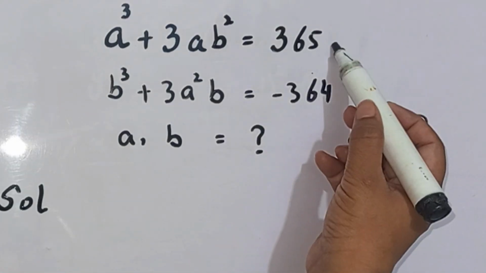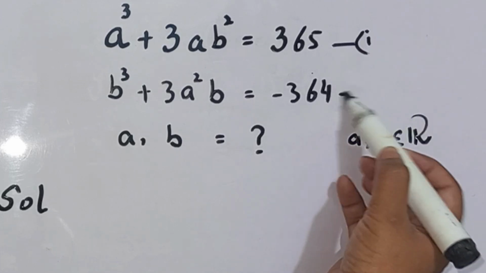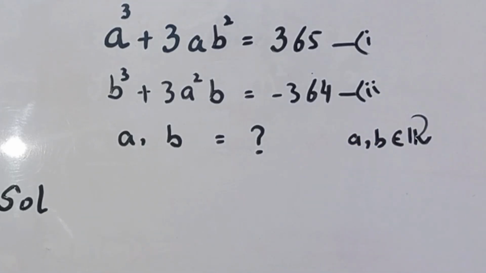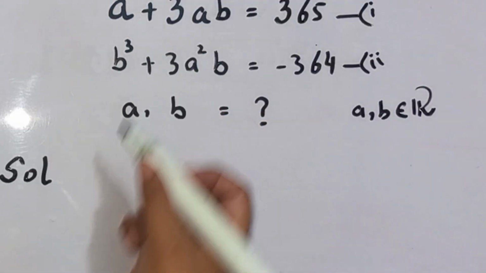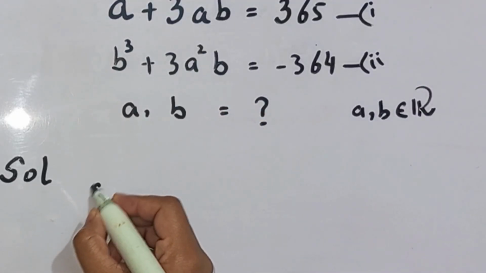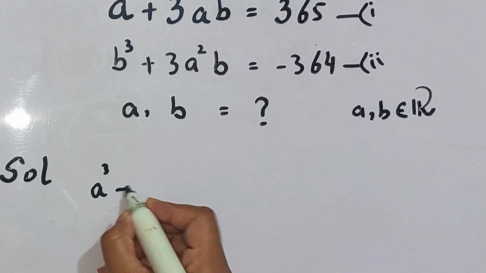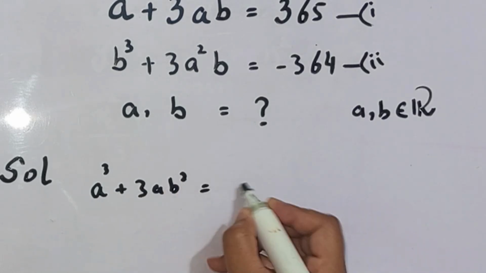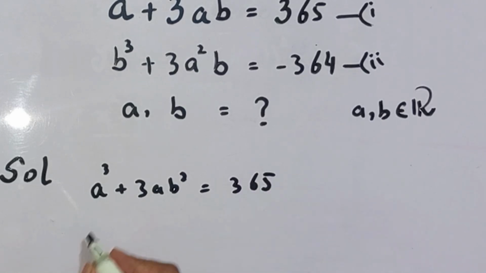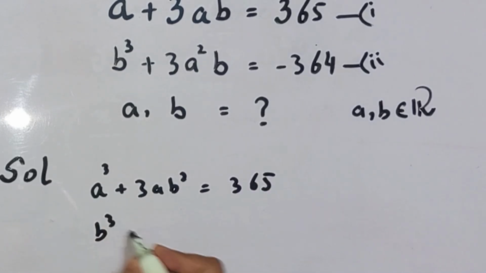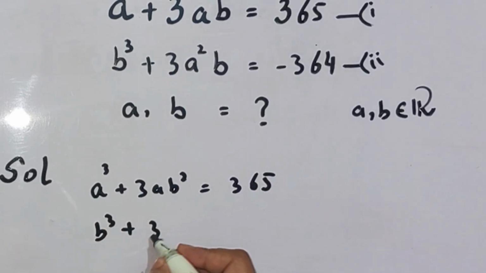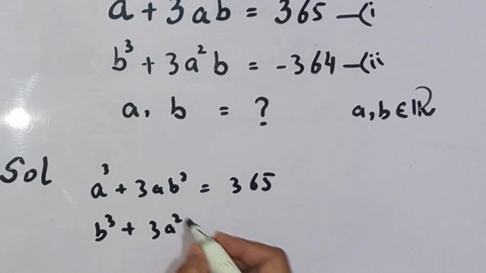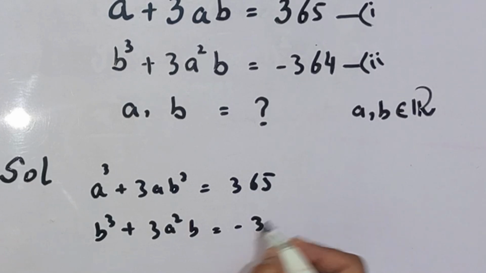Look at the first equation and the second equation. In the first step, we add these two equations. The first equation is a cube plus 3 times a b square equal to 365, and the second equation is b cube plus 3 times a square b equal to negative 364.